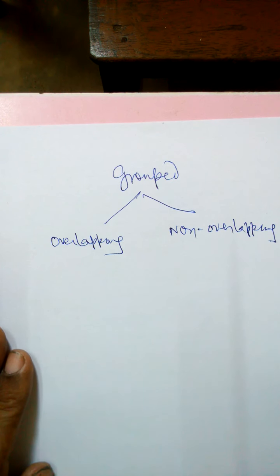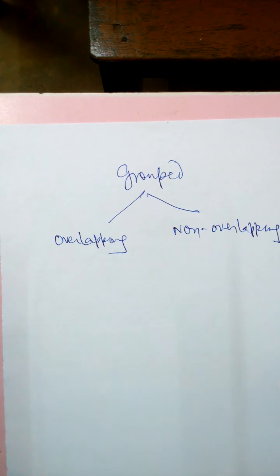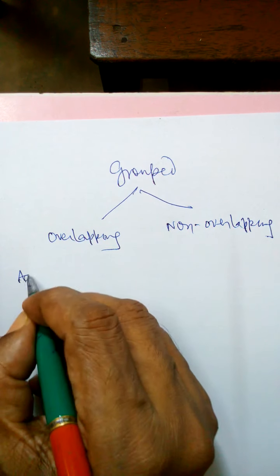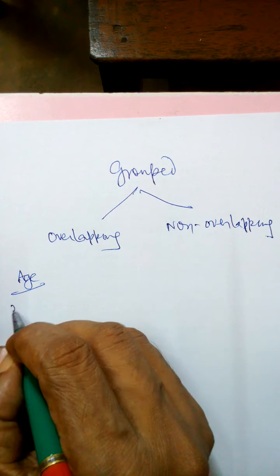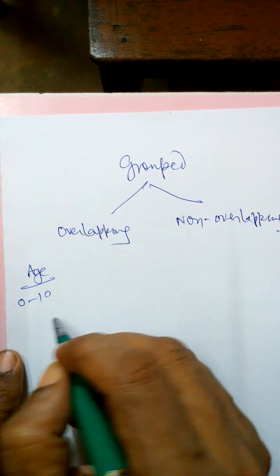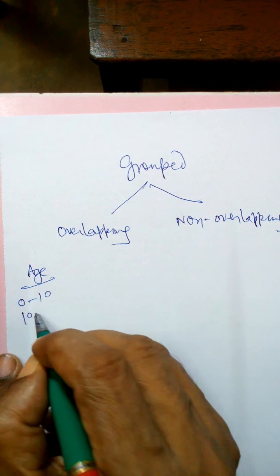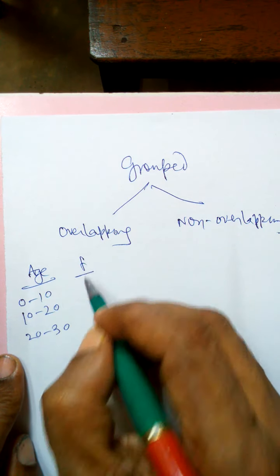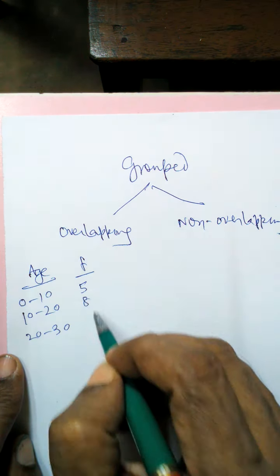What is overlapping? Overlapping means when the classes, that is groups, are made, like age group I am writing: age 0 to 10 years, 10 to 20 years, 20 to 30 years, and how many persons are there? Suppose this is 5, this is 8 and this is 3.